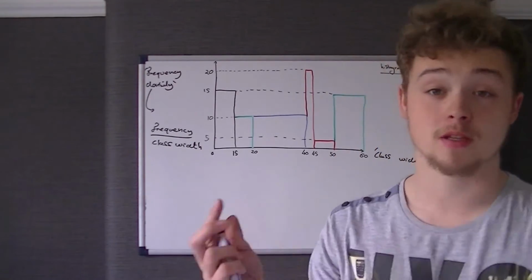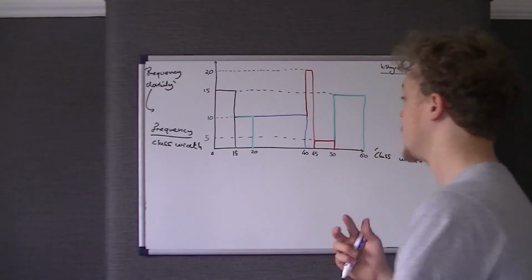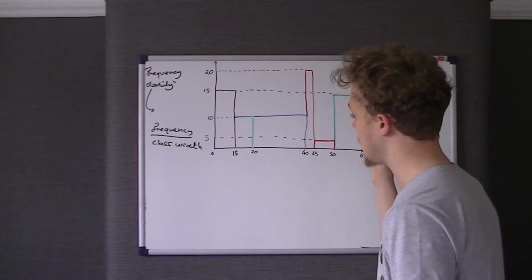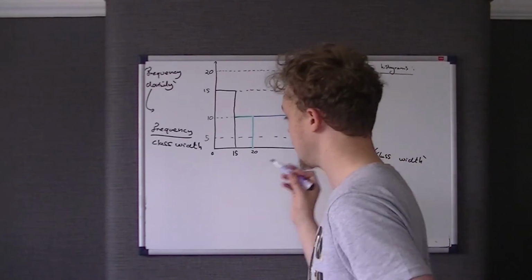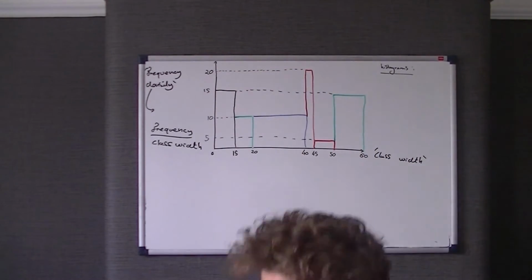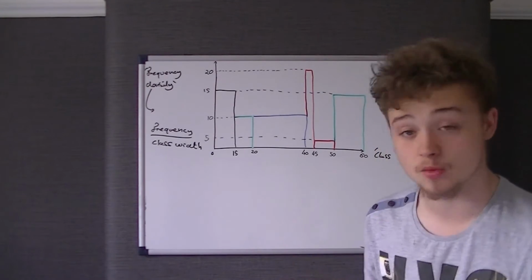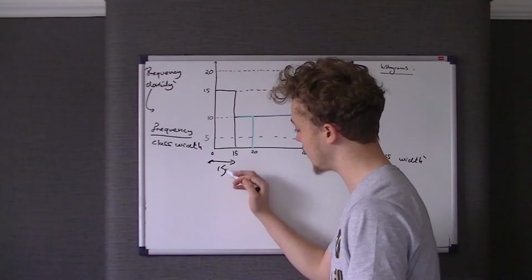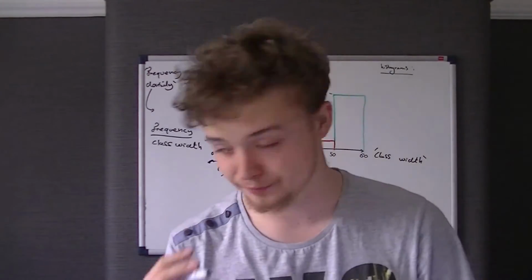Okay, so let's say the frequency, let's take the easiest group to do. Let's say the 0 to 15 group, in terms of how many they scored. The class width, obviously, is 15.